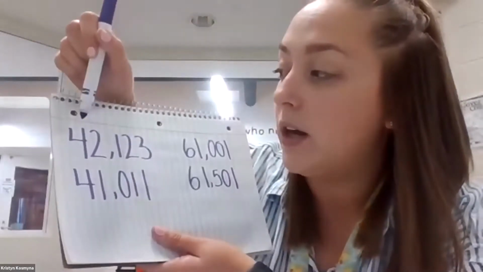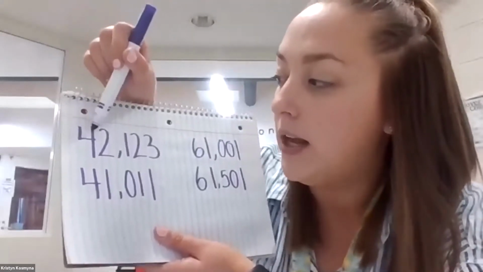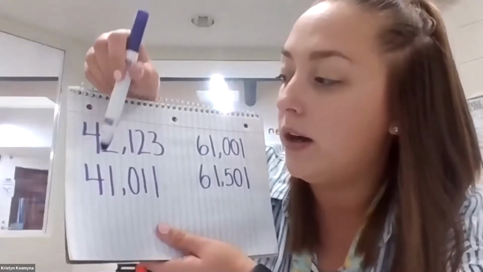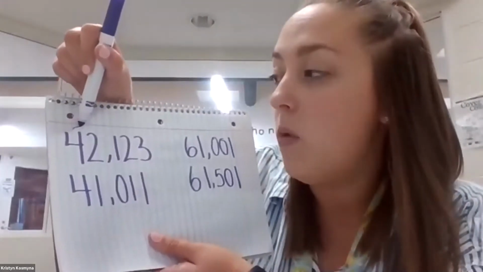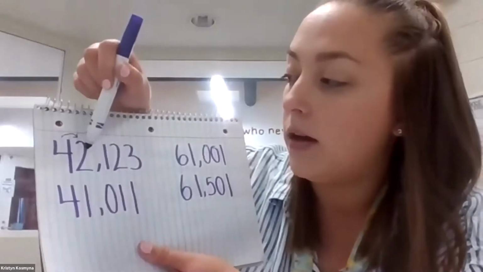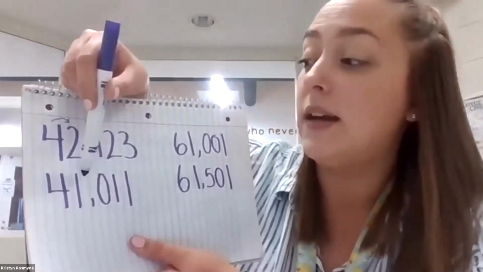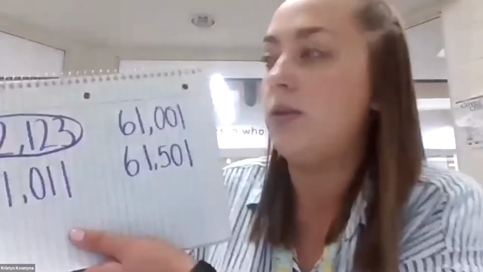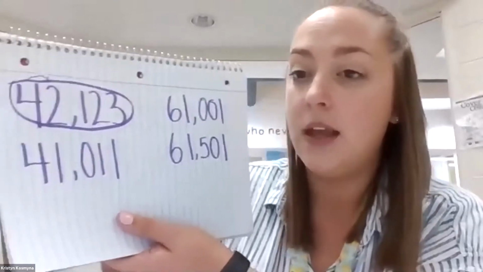First you start with your 10,000th place because that's the farthest left, and we can see 4 and 4 are the same. Then we go over one more to our thousandth place and compare them. This number has a 2 in the thousandth place, and this number has a 1. So 2 is bigger than 1, and that's how we know 42,123 is a bigger number.